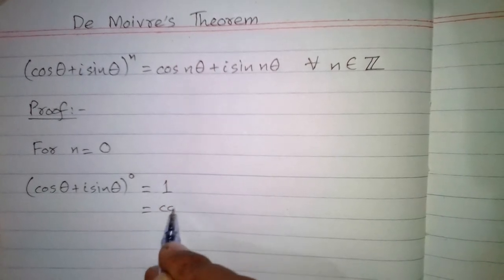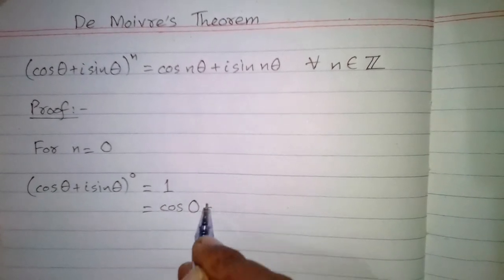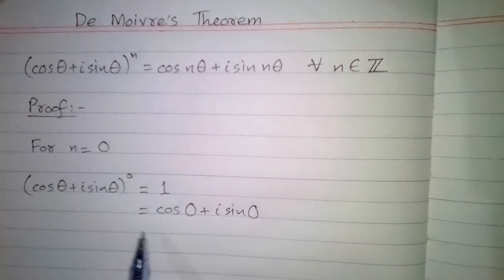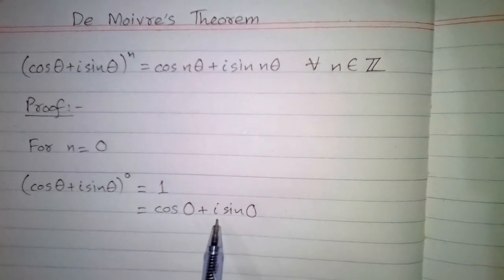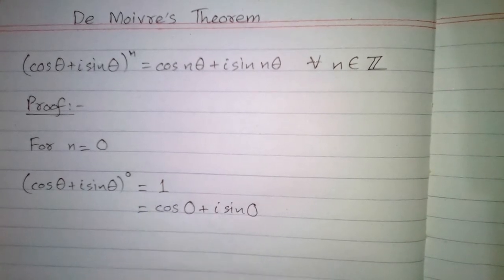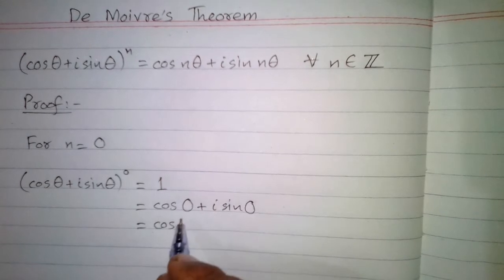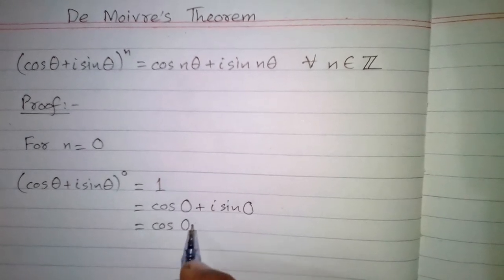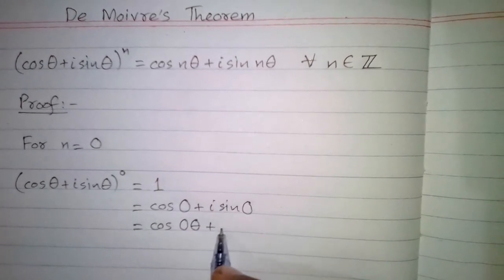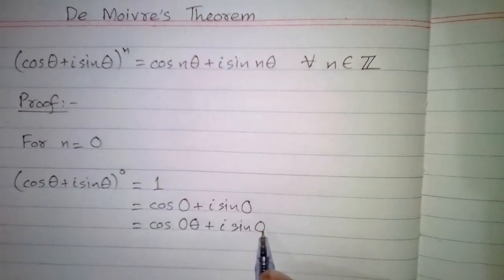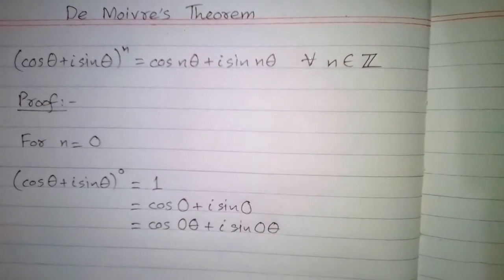But we know that cos 0 is 1 and sin 0 is 0, so we can write cos 0 plus iota sin 0 in place of this 1, and we can write cos 0 as cos 0 theta, and sin 0 will become sin 0 theta.